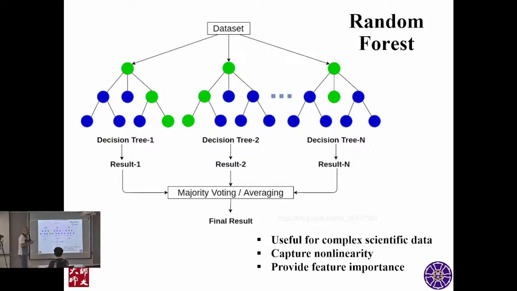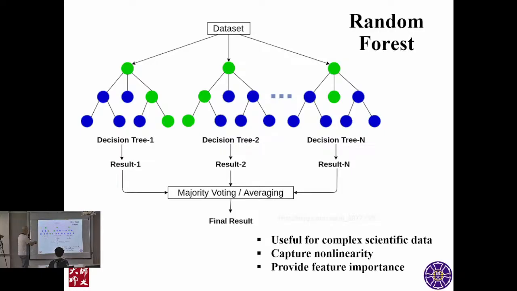The random forest randomly picks a descriptor to split the data, depending on the splitting criteria. For example, if I split the data by molecular weight at 500, molecules with molecular weight bigger than 500 go this way, and the rest go this way. And then you go to the next layer and pick another.